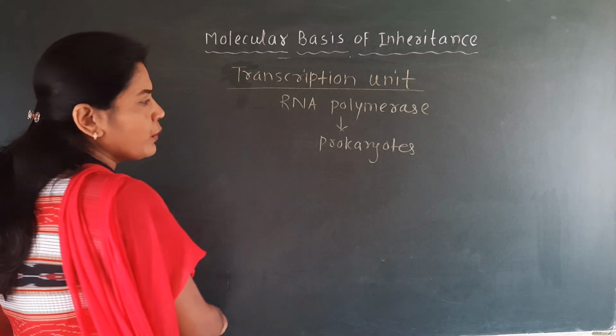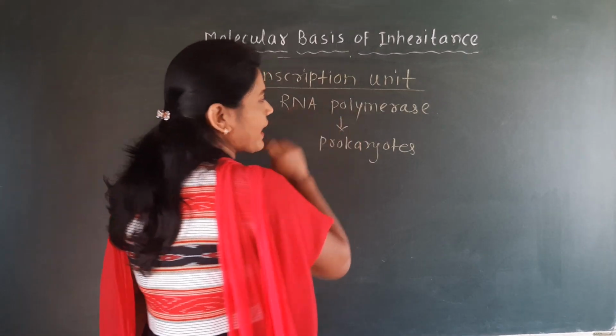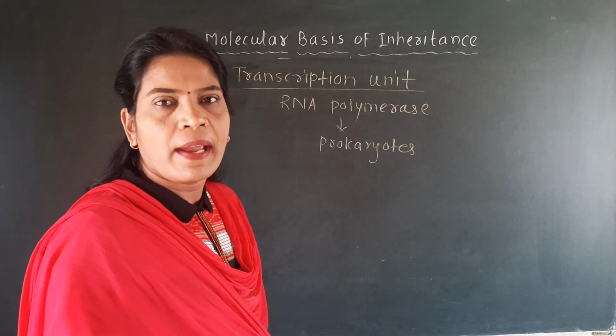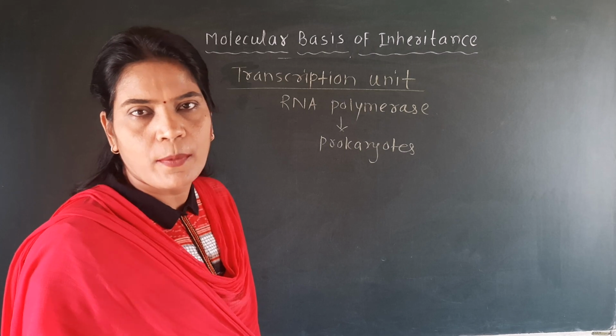As we know, the prokaryotes have only one RNA polymerase that can form mRNA, rRNA or tRNA from the single strand of DNA.